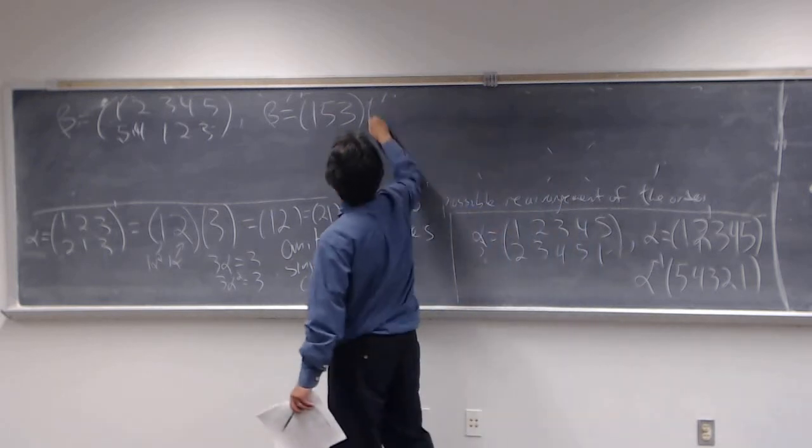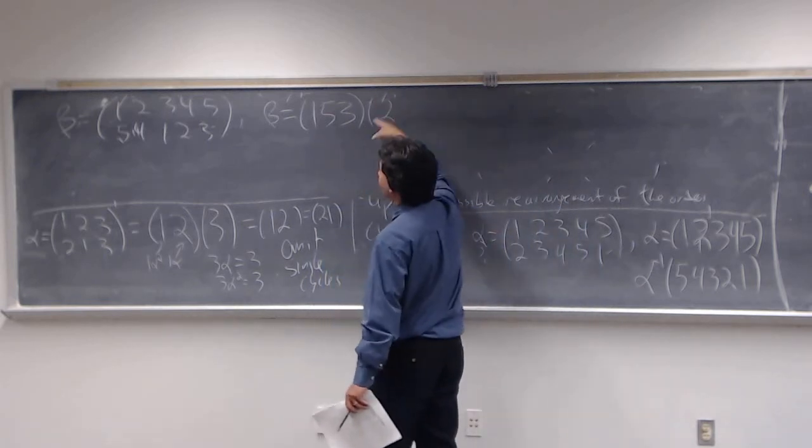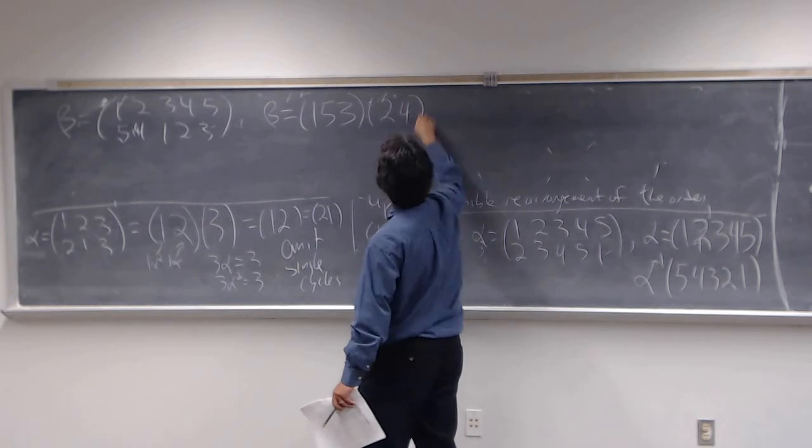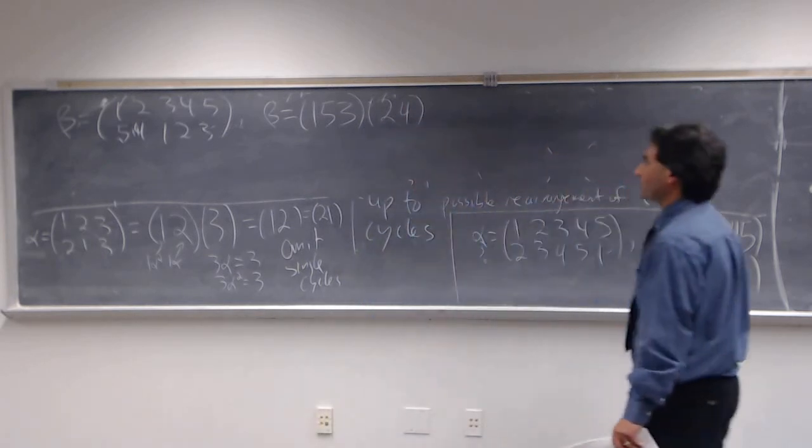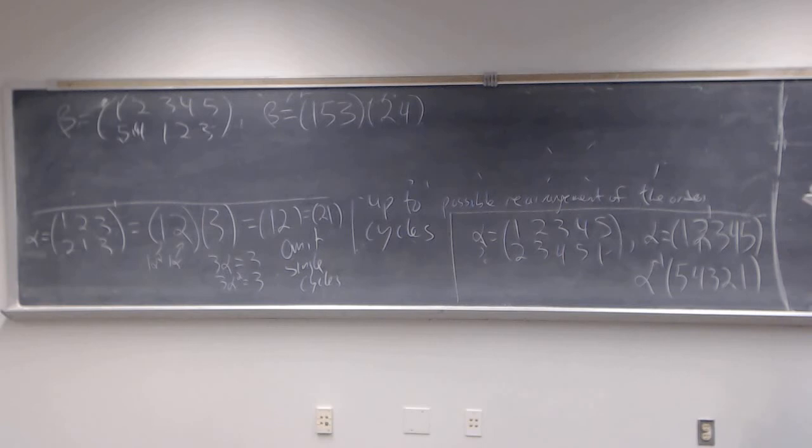What about 4 and 2? So 2 would go to 4, 4 would come back around, and that would close that cycle. So you've got the cycle decomposition of it.